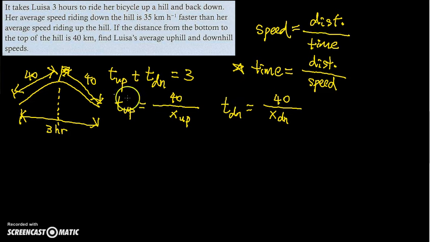Now, the average speed riding down is 35 kilometers per hour faster than the speed going up. That sentence gives me the relationship between my x down and x up.